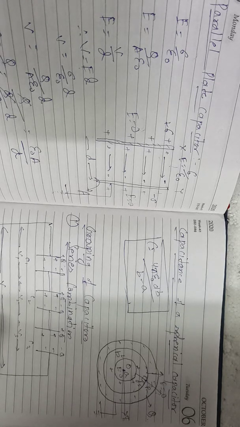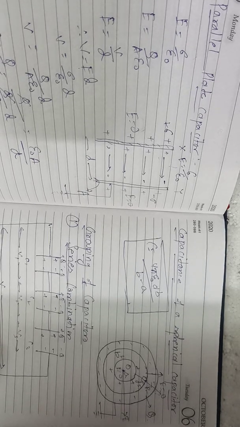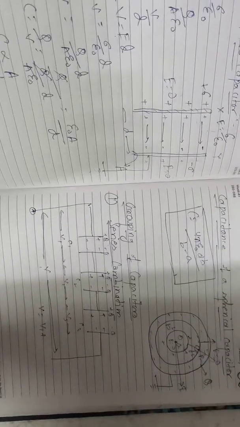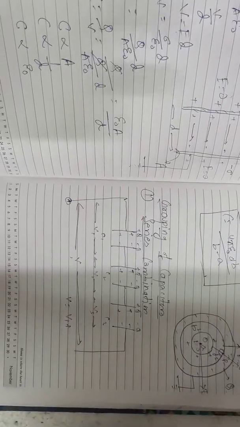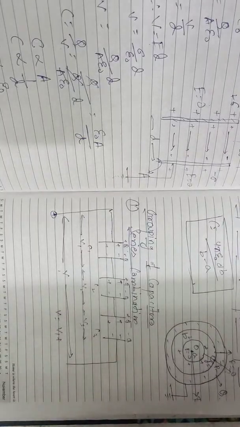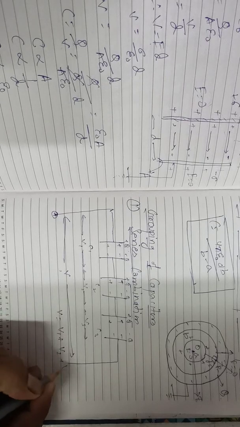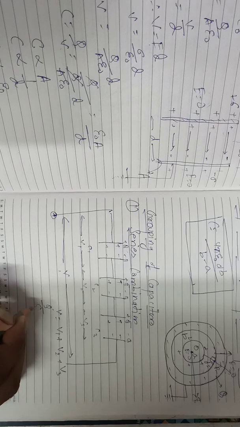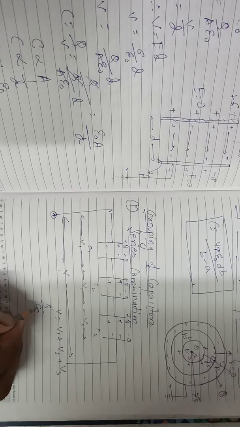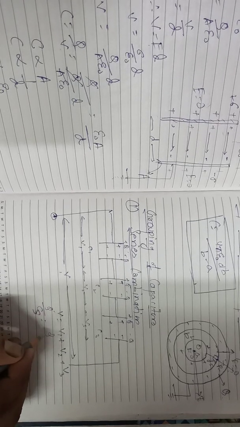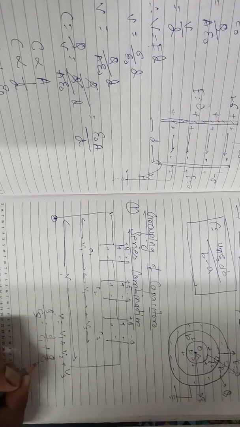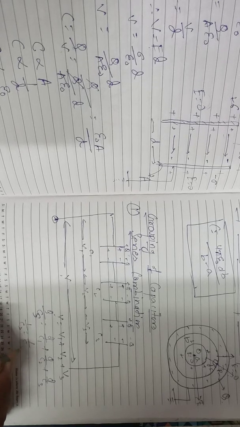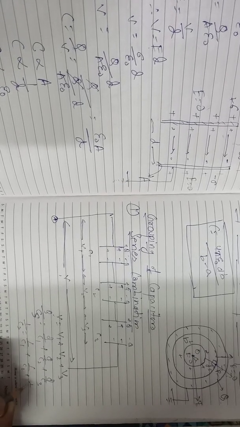So we can write V equals V1 plus V2 plus V3. In place of V we write Q by Cs, since V equals Q by C. Here we write Q by C1, Q by C2, and Q by C3. Then 1 by Cs equals 1 by C1 plus 1 by C2 plus 1 by C3.